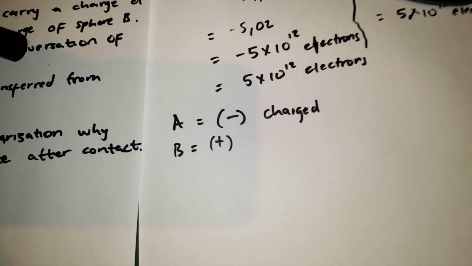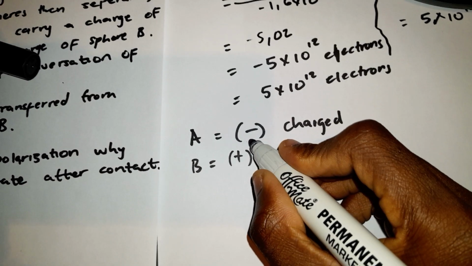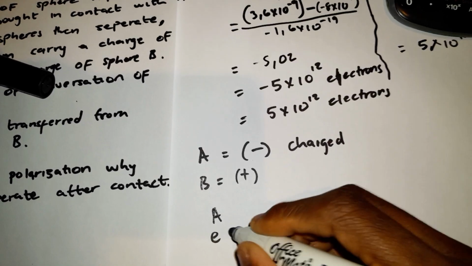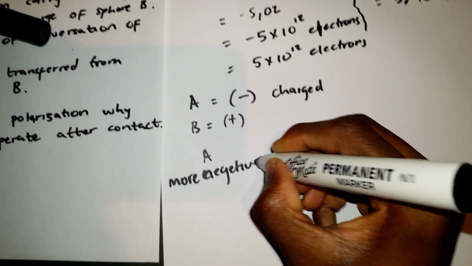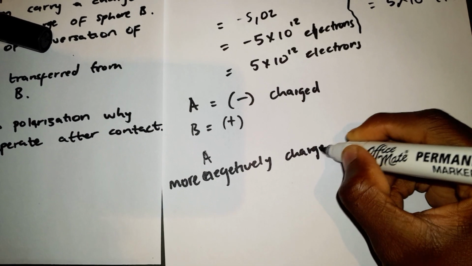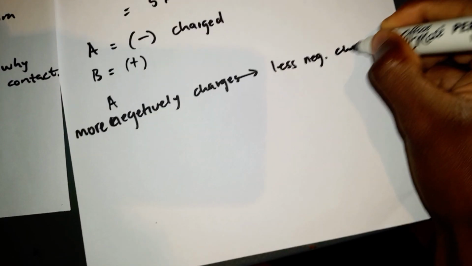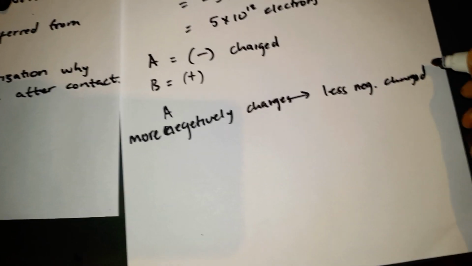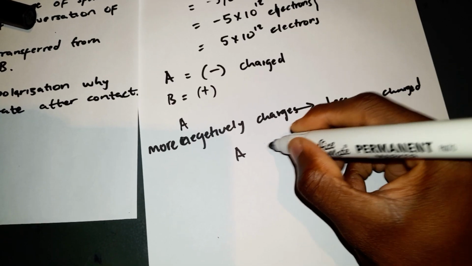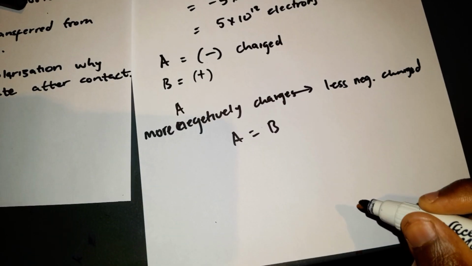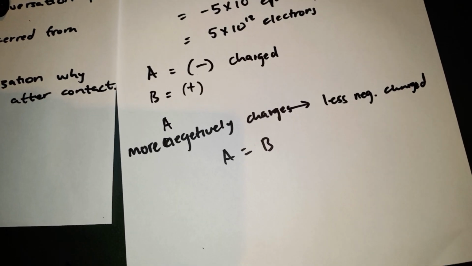So now, as they are in contact, the electrons are transferred from the more negatively charged sphere to the less negatively charged one, until both sphere A and sphere B have equal charges, because they will have a balance between electrons.